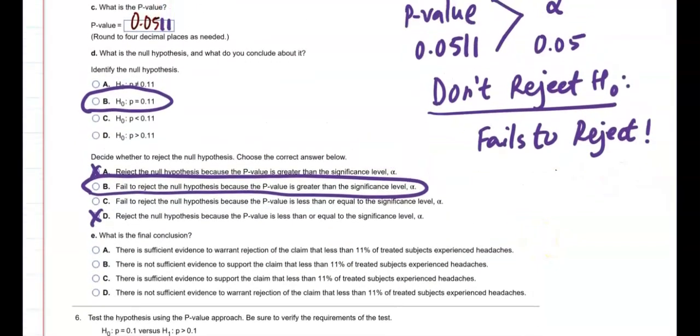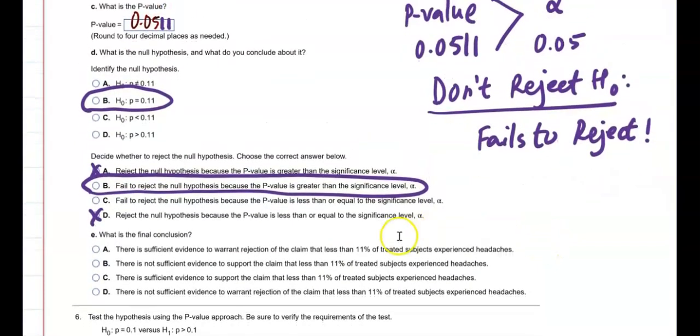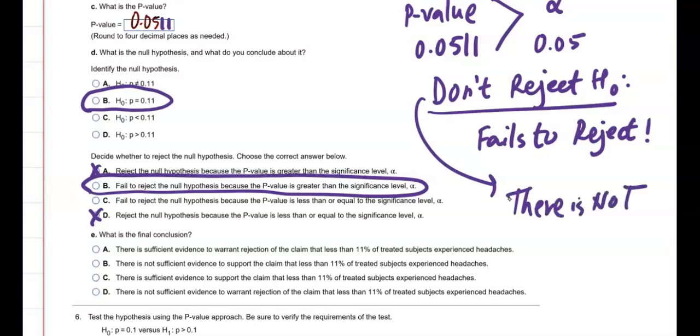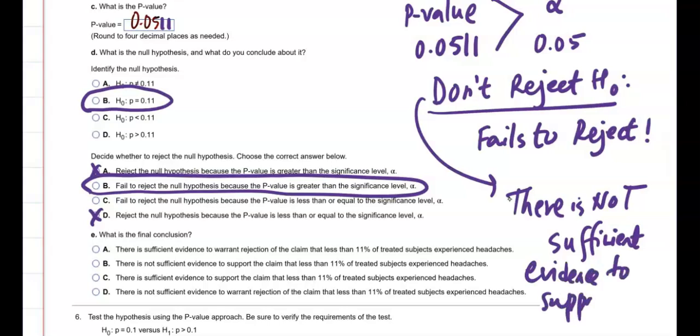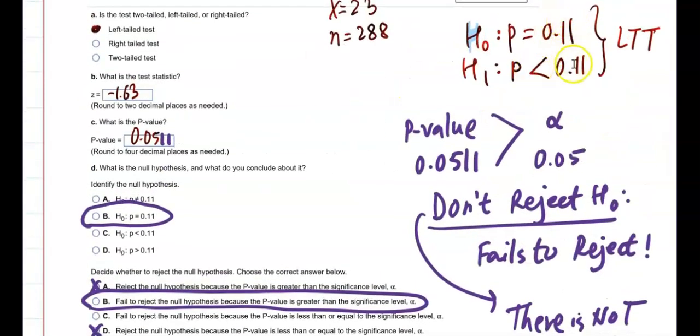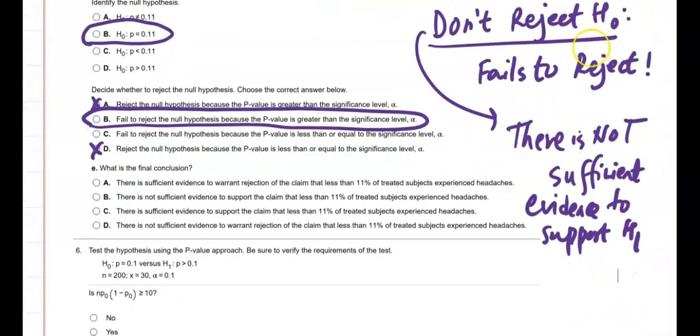So next question, what's the conclusion? If you do not reject, you can say there is not sufficient, or enough, evidence to support H1, where H1 is p less than 0.11. So let's choose the answer.